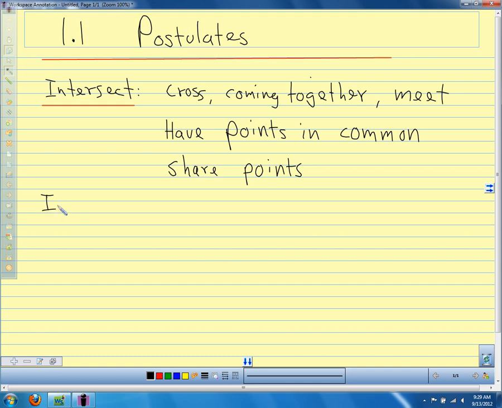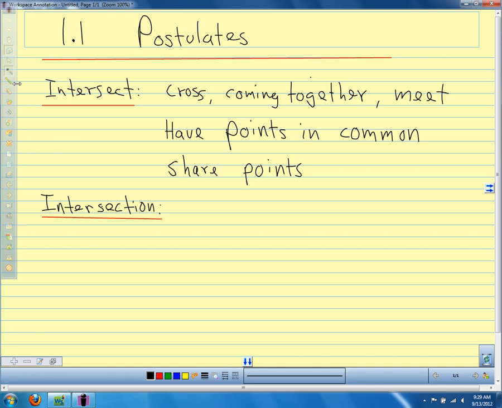So when two things intersect, we have an intersection, and Jordan says that thinking about two roads coming together at an intersection is one way we think about this.